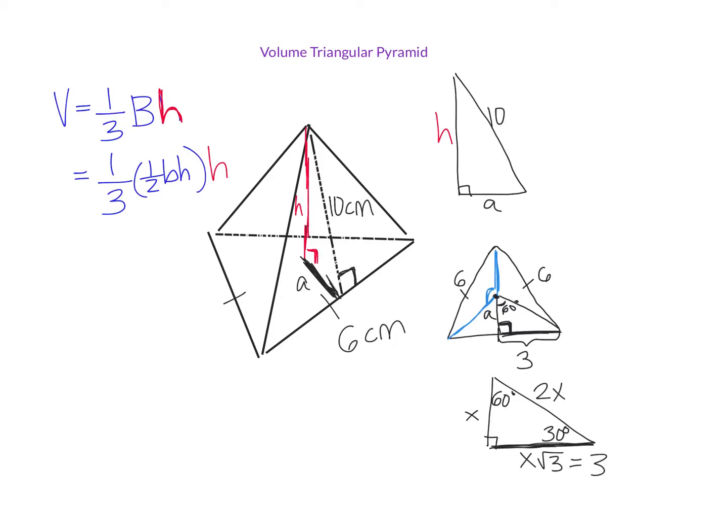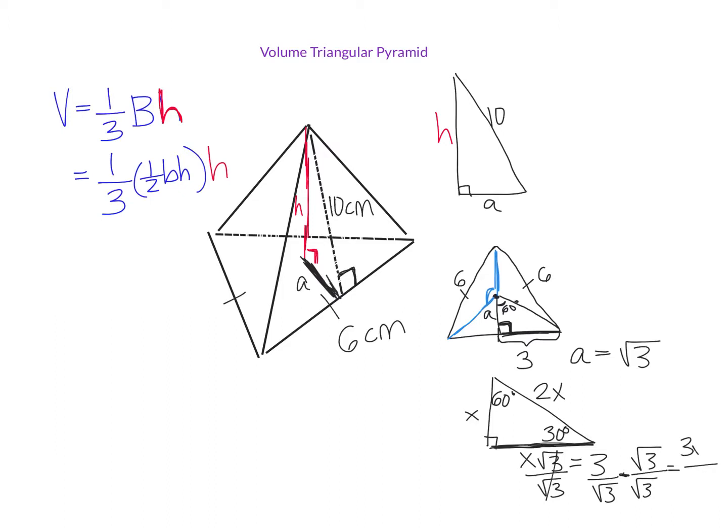If I go through some algebra steps here, I can figure out that my apothem would be the square root of 3, because what I do is I divide by the square root of 3 on both sides, and then I would multiply by the square root of 3 over the square root of 3.